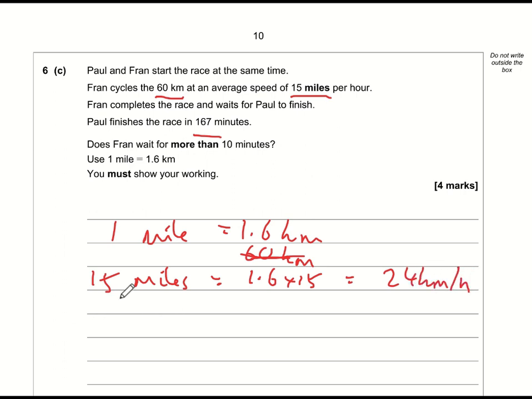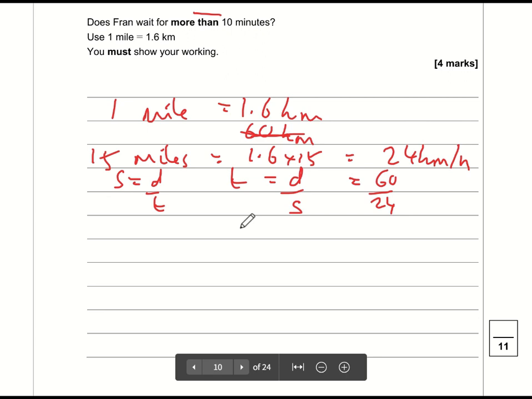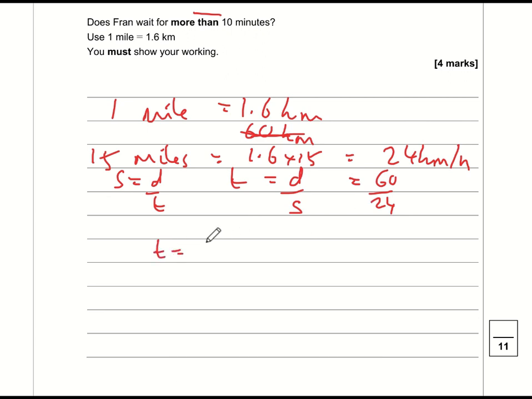Now we know that speed is the distance divided by time. We want the time. Time is the distance divided by the speed. So that is 60 divided by 24, and 60 divided by 24 is 2.5. So the time taken is 2.5 hours.